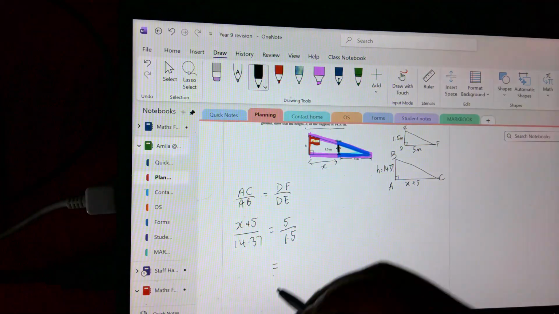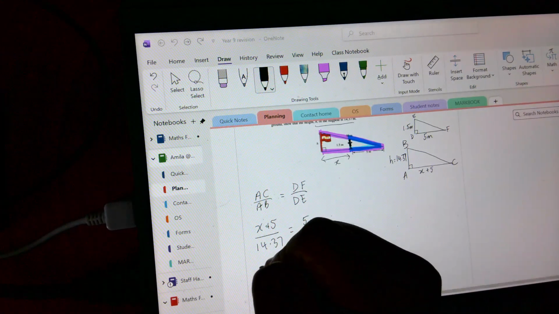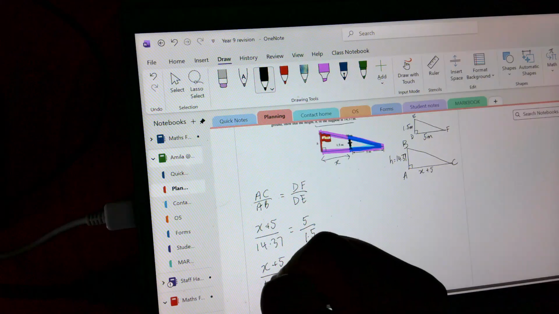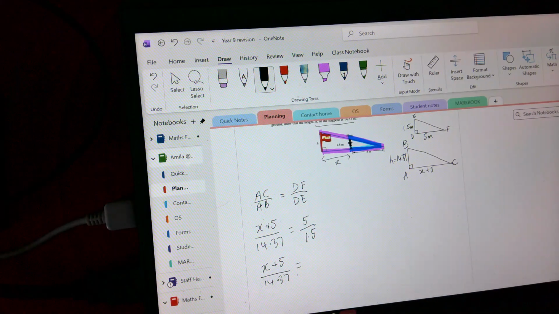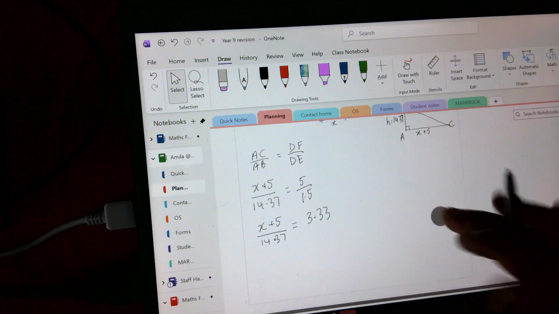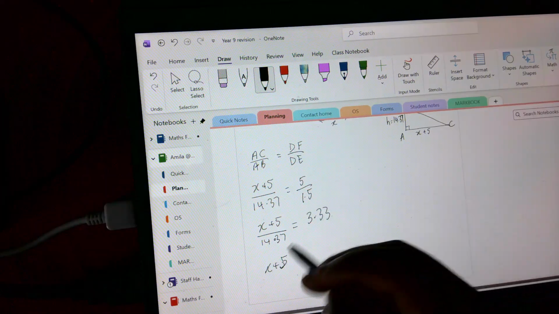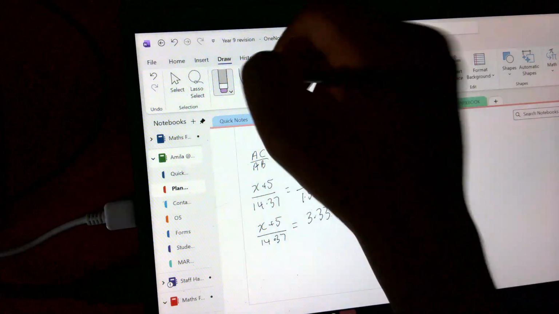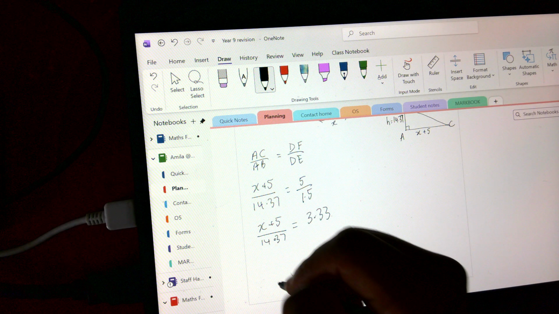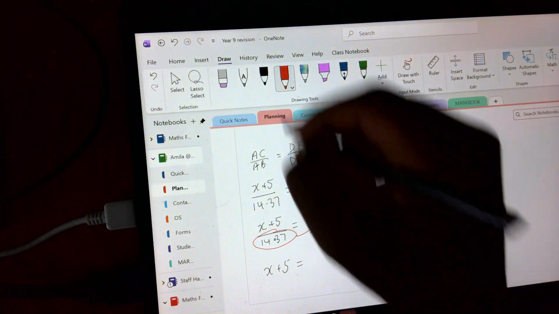Alright, so I'm going to get x plus 5 over 14.37. I'm just going to leave that part there for a second and do 5 divided by 1.5. That's 3.33. To get x plus 5 by itself, I'm going to move 14.37 over.